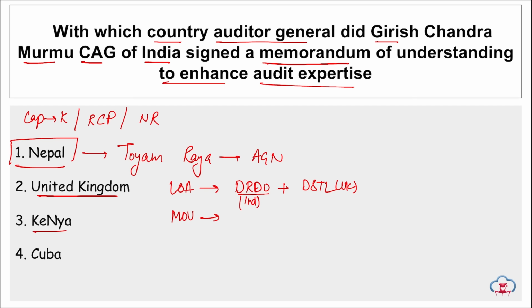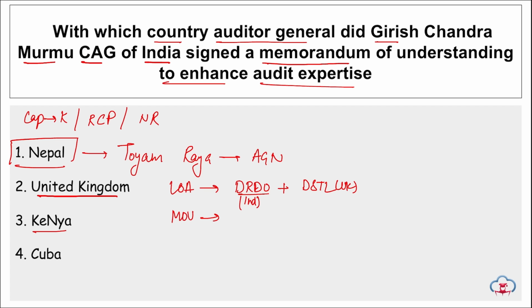Then if we talk about Kenya, remember MEITY, our Ministry of Electronics, Information and Technology, on 18th of January, signed an MOU with the Ministry of Information, Communication and Digital Economy of Kenya, correct, for cooperation in the field of sharing successful digital solutions, right?